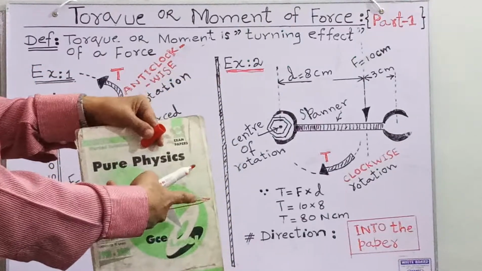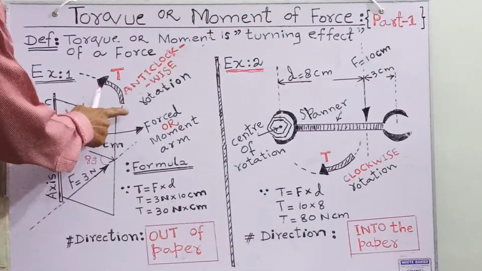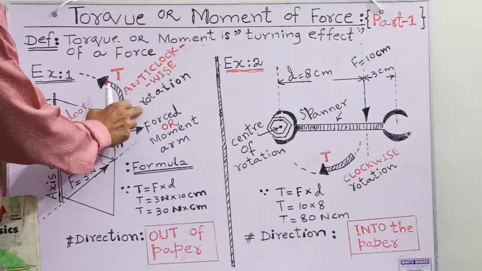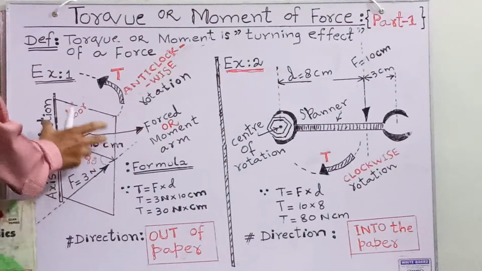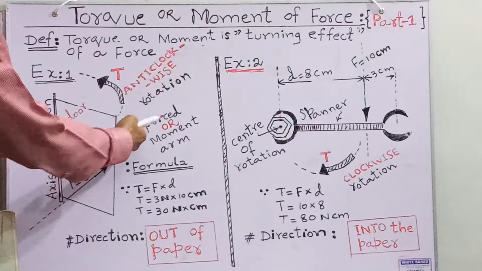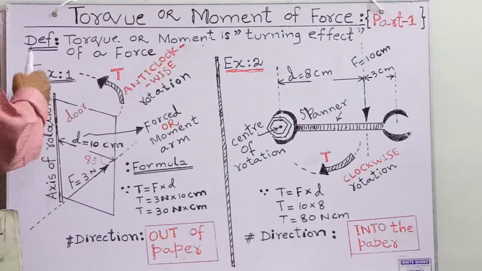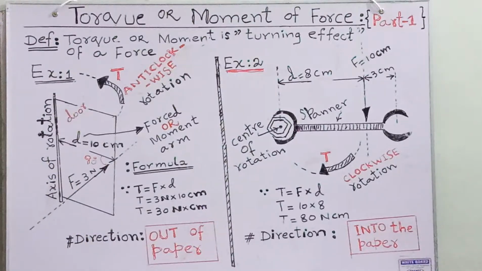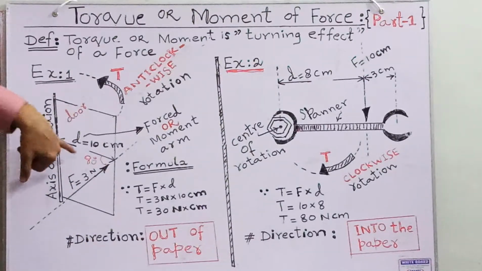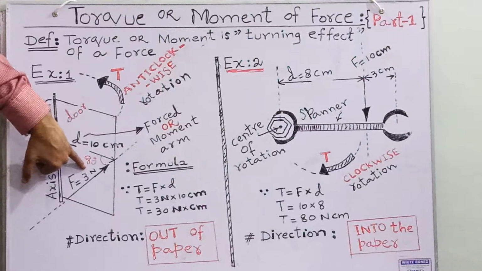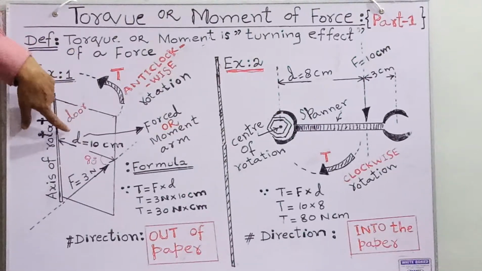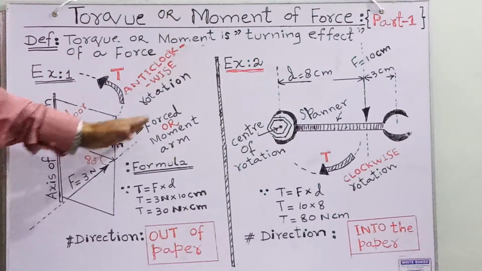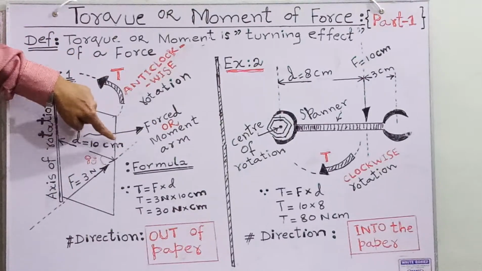It has two names. Number one, force arm, or the moment arm. This d is called the force arm or the moment arm, and it is the perpendicular distance from the line of action of the force to the axis of rotation. In this example, the magnitude of force is 3 Newton and the perpendicular distance from the axis of rotation to the line of action of the force is 10 centimeter.